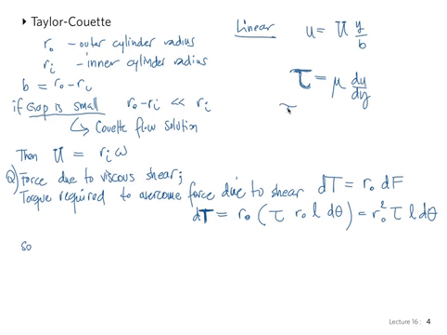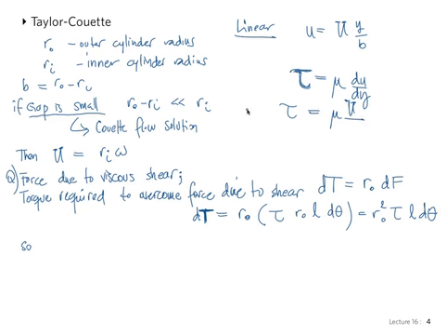So the shear stress, the Greek letter tau, is simply going to be mu times capital U over b.